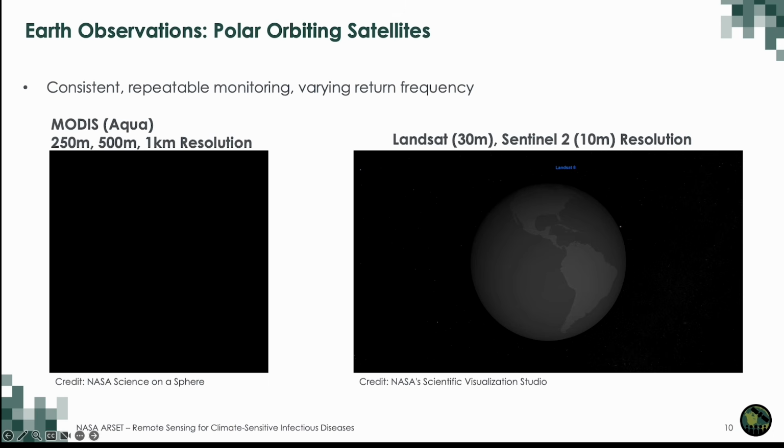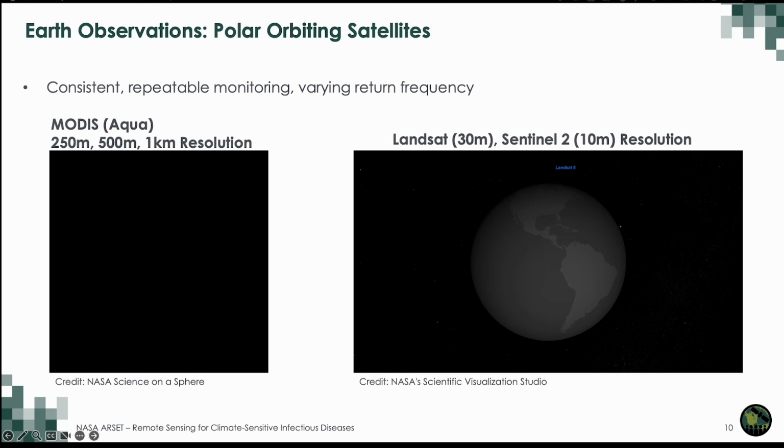So what allows us to get those different resolutions and different coverage is the constellations of different types of satellites. The two primary groups of Earth observing satellites include polar orbiting satellites that go around the Earth. They're pretty much staying on the same orbit, and the Earth rotates underneath them, which makes an appearance that the satellite is actually moving around the world.